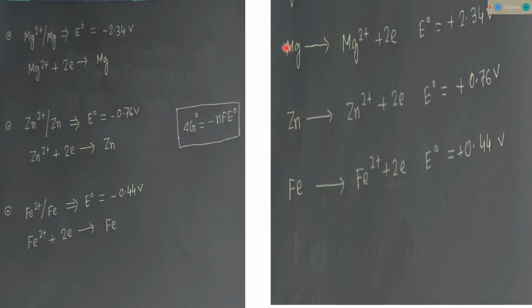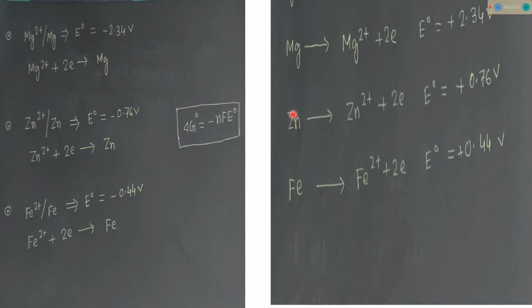What happens instead is that magnesium is easily oxidized and releases 2 electrons. These 2 electrons are taken up by Zn2 plus, and Zn2 plus transforms into neutral Zn. So these reactions happen for magnesium if we couple it with zinc.